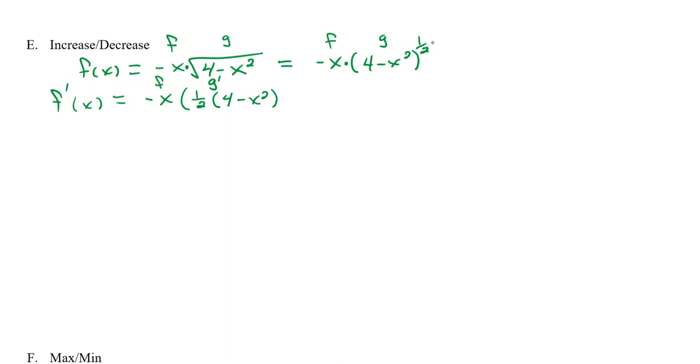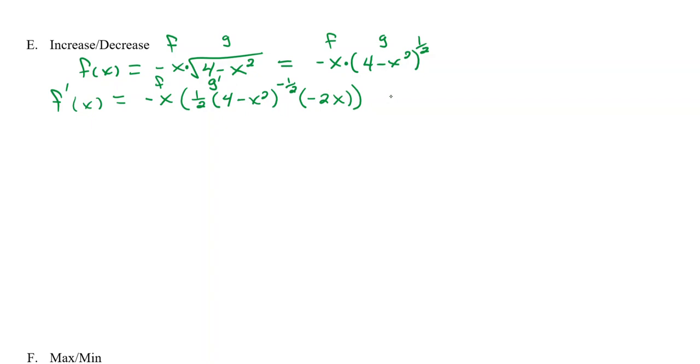And then now we'll apply the exponent rule here and subtract 1, so this ends up being negative 1/2. And then we still have to multiply by the derivative of the inside. So bringing the 2 down, this is negative 2x. And then you can see I still have one more bracket to close here. So there you go. A little bit of a mess, but that is my g prime.